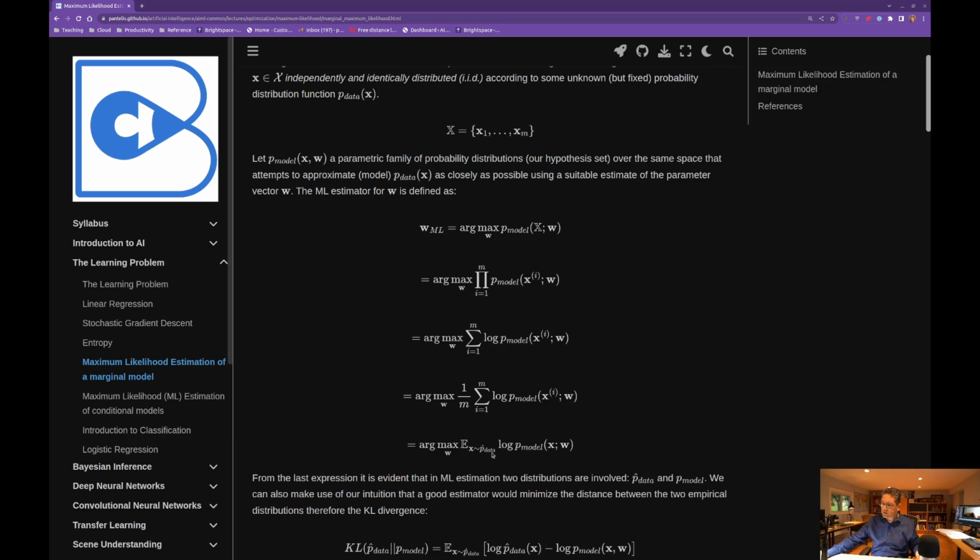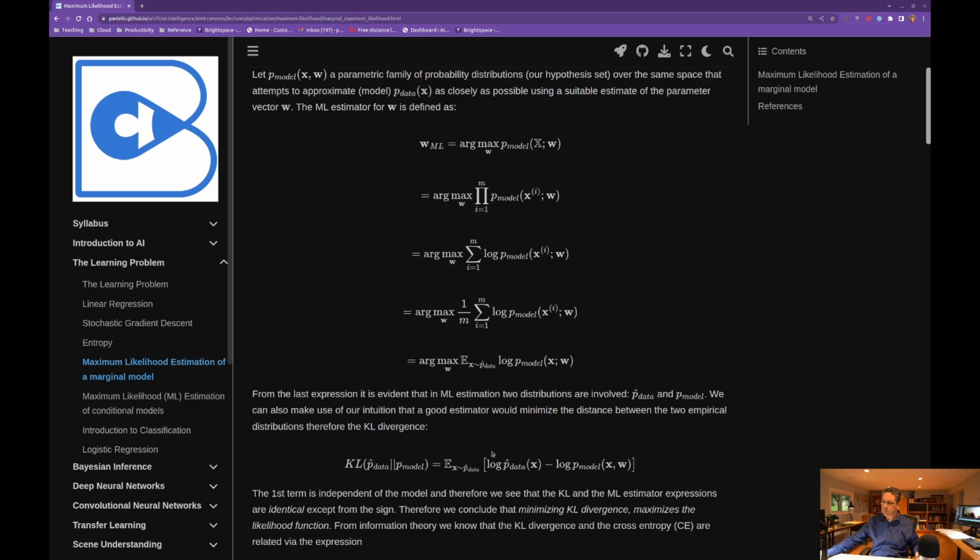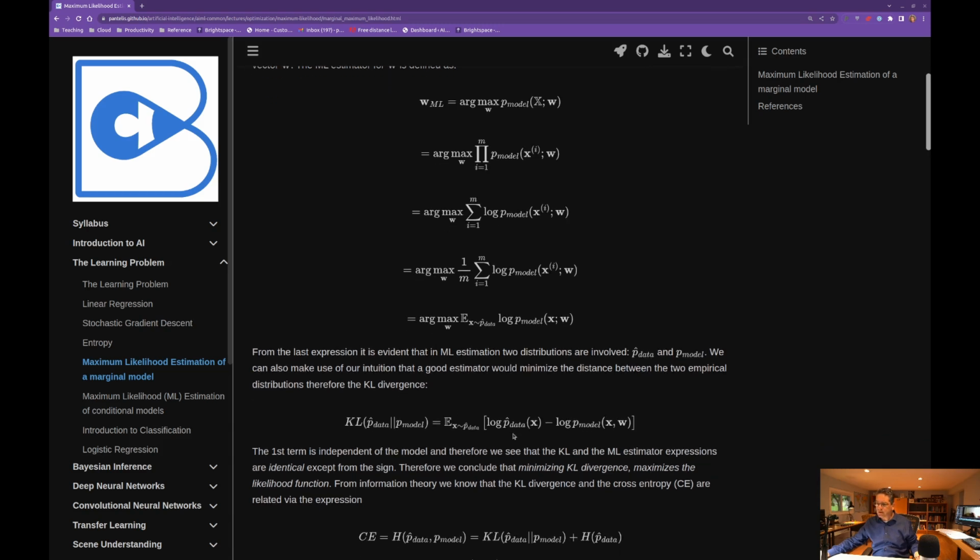The next step in our journey around maximum likelihood is to connect that objective function, the negative log likelihood, with the KL divergence. This is the definition that we have seen earlier regarding KL divergence. So let's write it down.